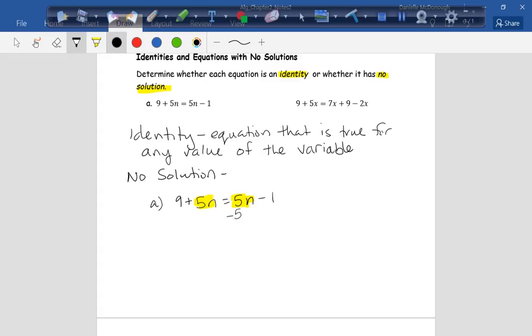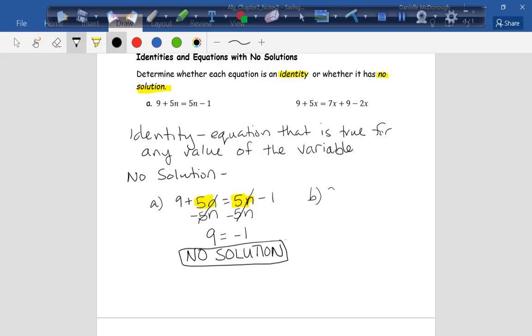And if you notice, I'm going to subtract 5n and subtract 5n. Well, 5n minus 5n is equal to 0. So what I'm left with here is 9 equals negative 1. Is that a true statement? No, 9 does not equal negative 1. So in this case, it is a no solution. There's nothing that I can put into this equation that's going to make it true.